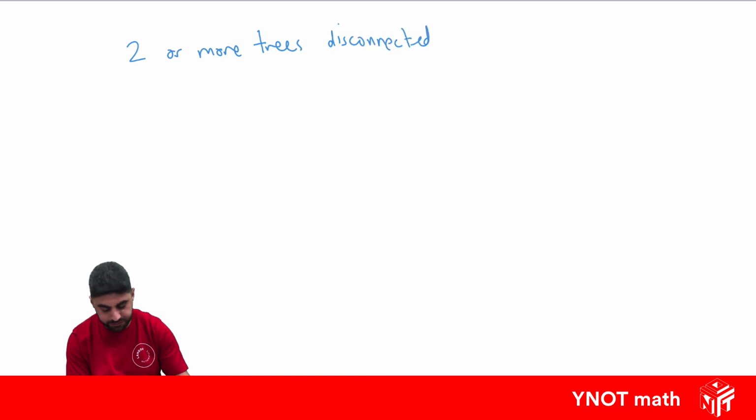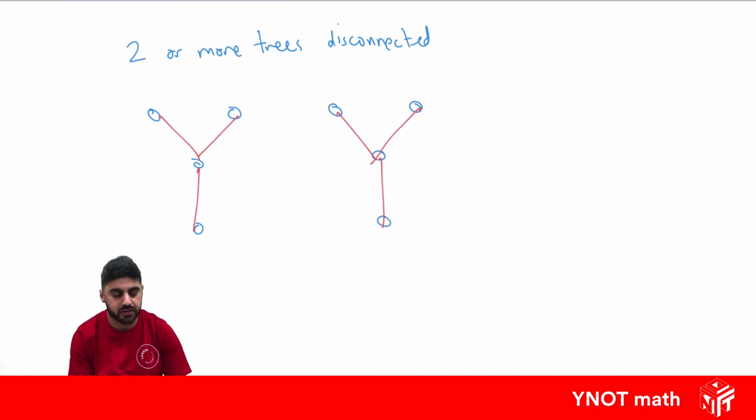So an example of a forest is going to be something like this. Here we've got a tree there and a tree there, and they're disconnected from each other. So that's a forest of trees there.